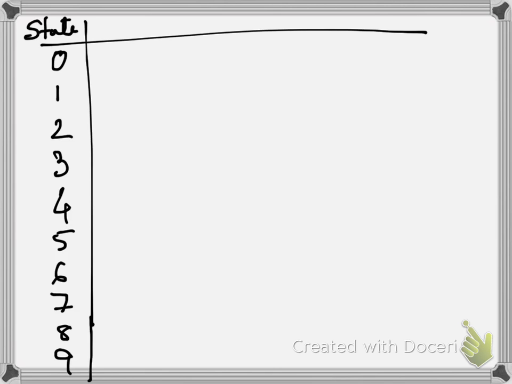So I have 10 states, and I have the action part and the go to part. In the action part I will have one column for each terminal symbol and one for our dollar.